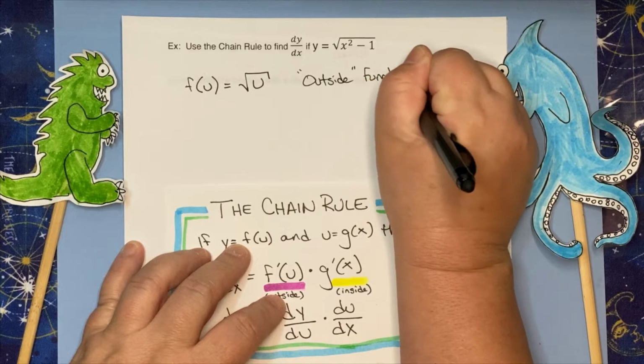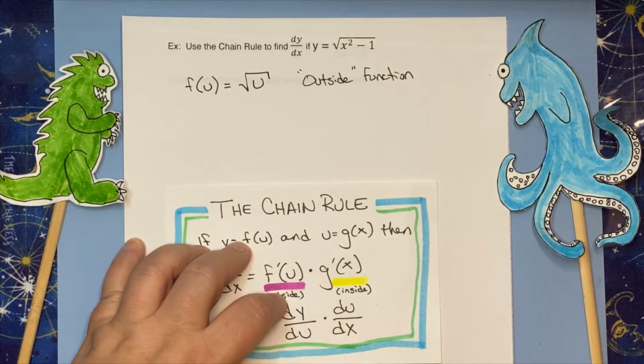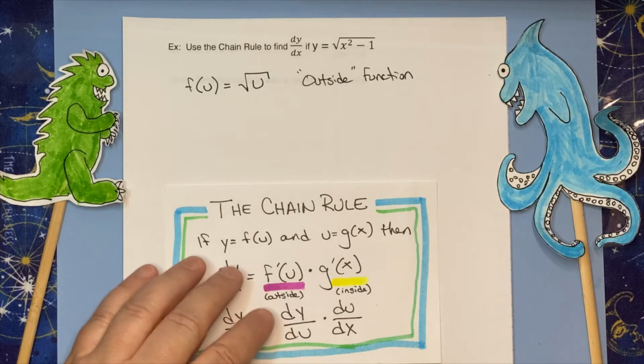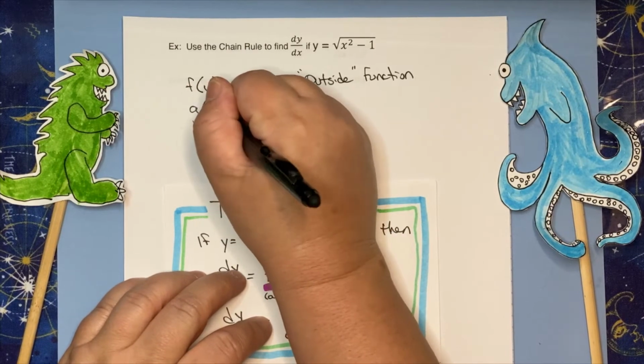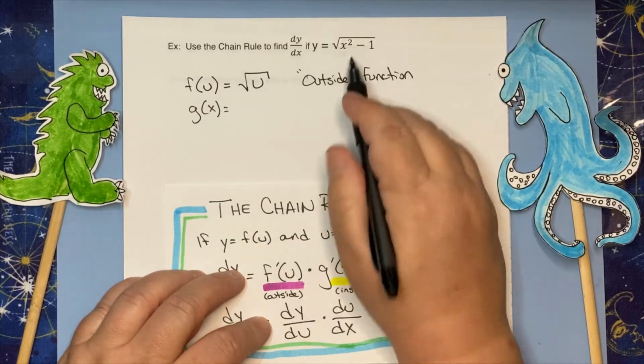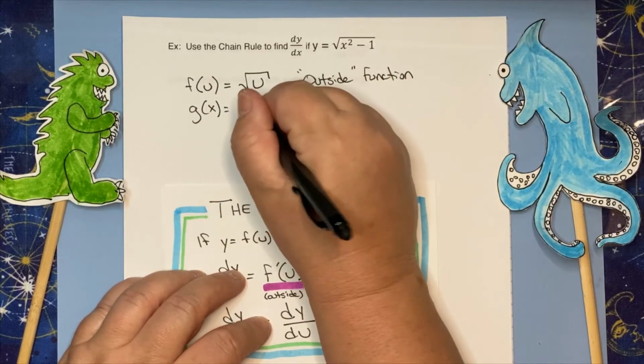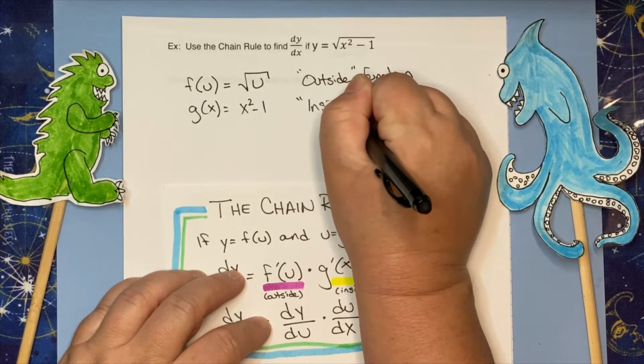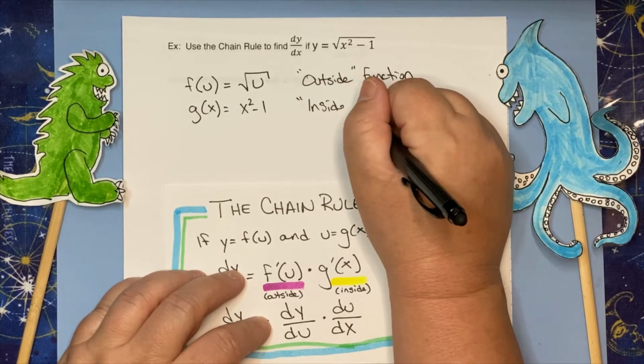To be fair, the outside function won't always be obvious when you look at it, but I think in this case, it looks like the outside. So this works. I'm going to claim that the inside function is this x squared minus 1. This I consider the inside function.